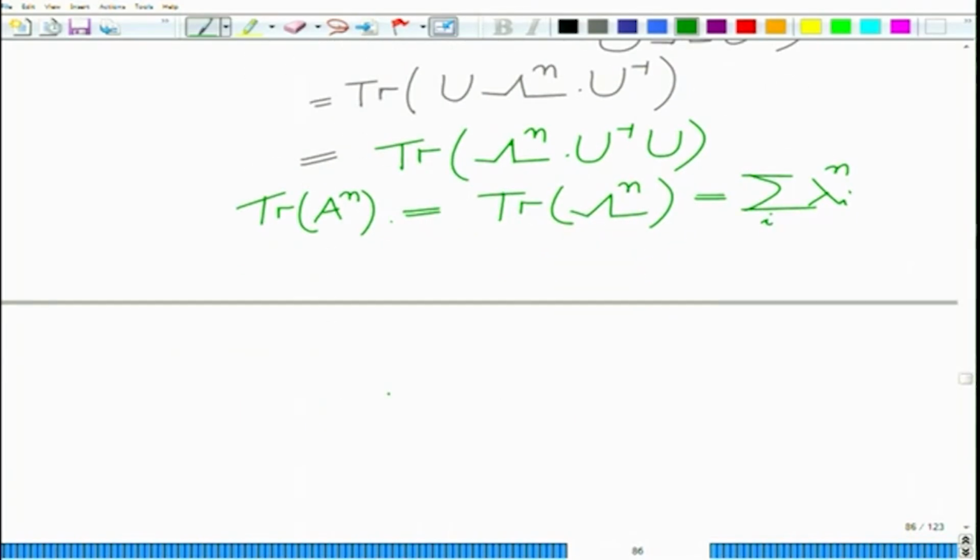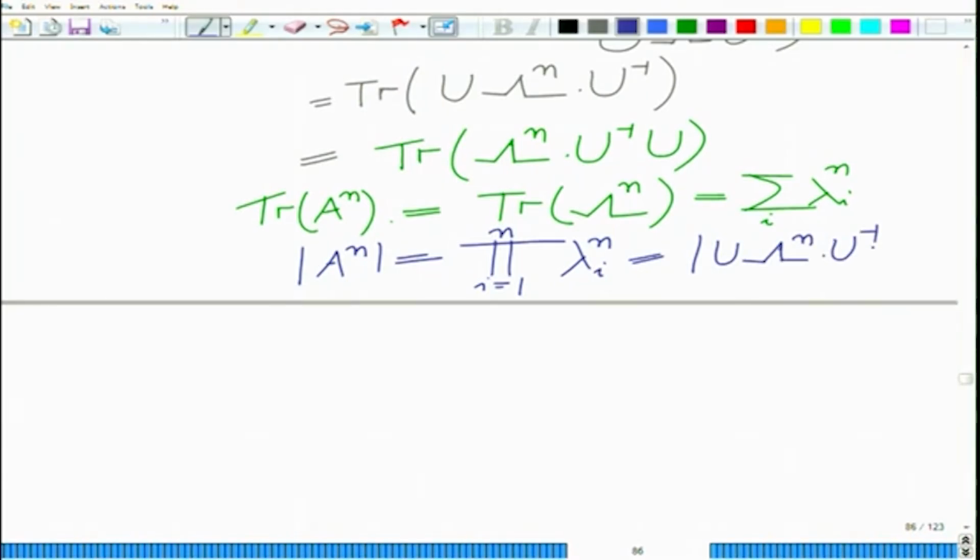And in a similar way, you can show that the determinant of A raised to the n is the product over i equals 1 to n of lambda i raised to the power of n. This is nothing but the determinant of U lambda raised to the power of n U inverse, which is how you get this result.